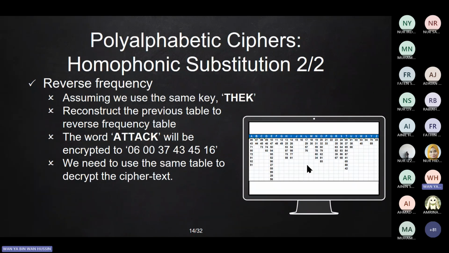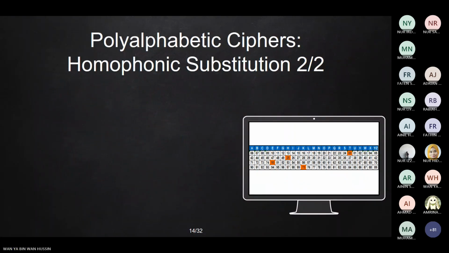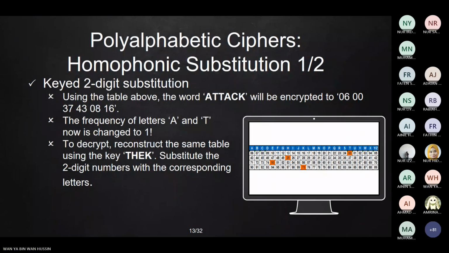Now, if we apply this technique, reverse frequency substitution cipher, it will be 06 00 37 43 45 and 16. However, if you compare with this one, it's different.